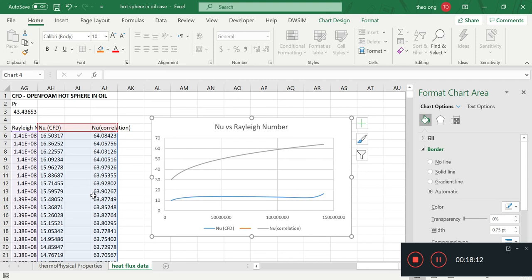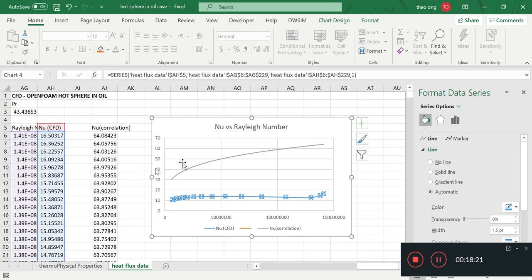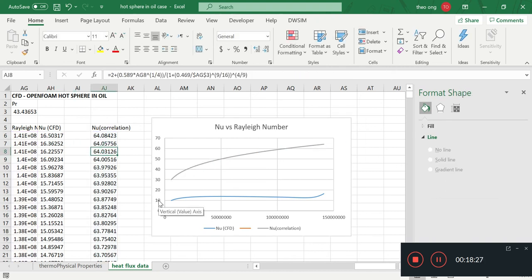But maybe there are some errors. I want to check whether what I plotted was right, and of course the correlation, whether I put in the data right.